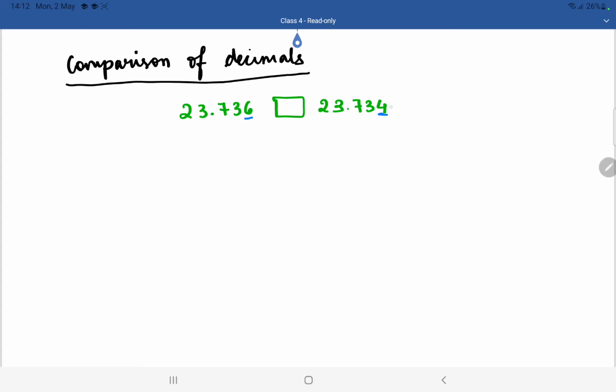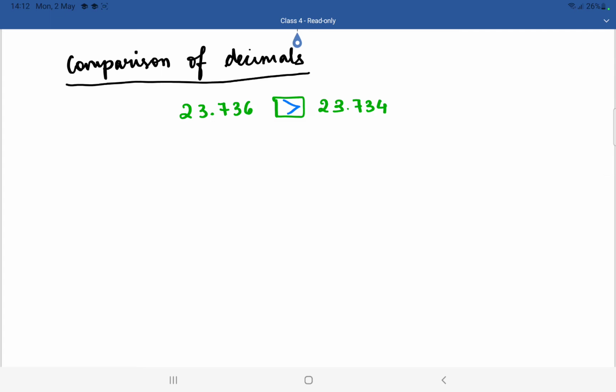This is smaller because 4 is smaller than 6. So this symbol will be put here. 23.736 is greater than 23.734.